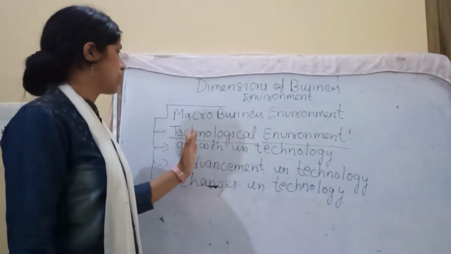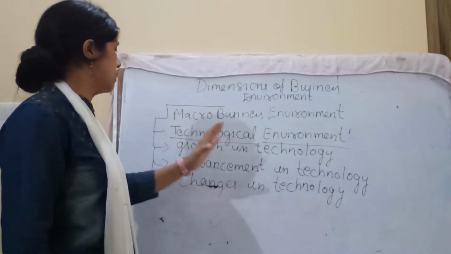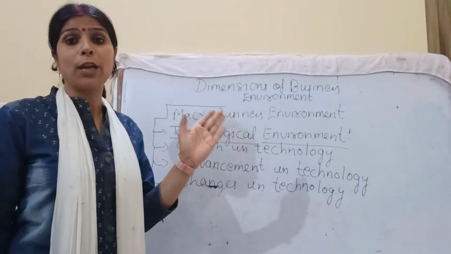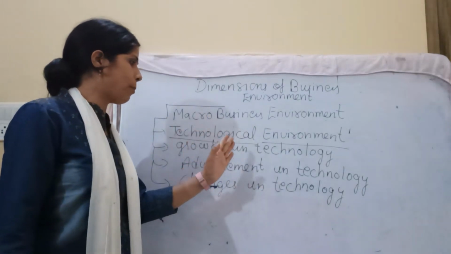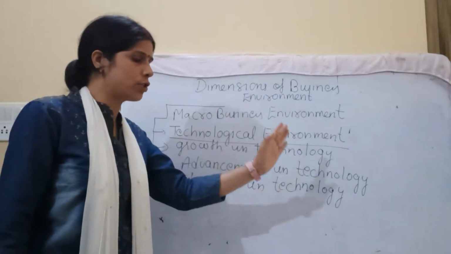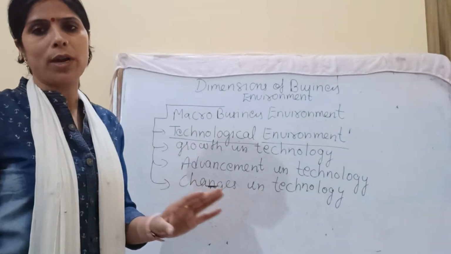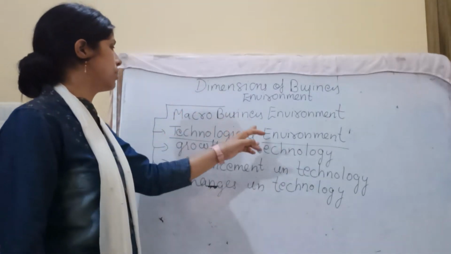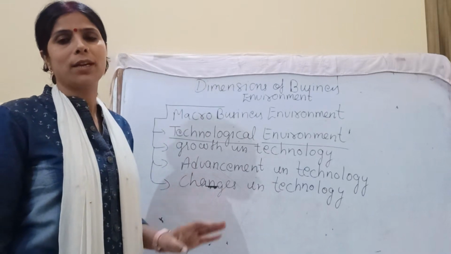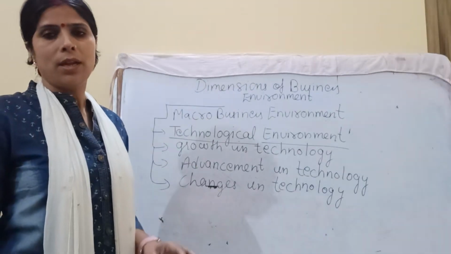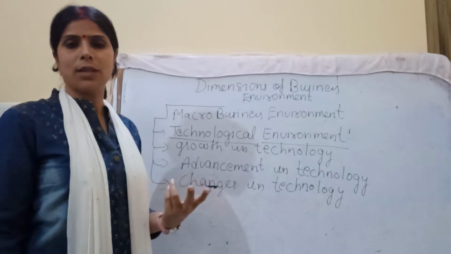And then we discussed about the macro business environment, and in that we discussed about the economic environment, as well as the second component, that is technological environment. Still 3 more environments are left to be discussed under this macro environment, that is the social environment, political and legal environment. This we will discuss in the next lecture.